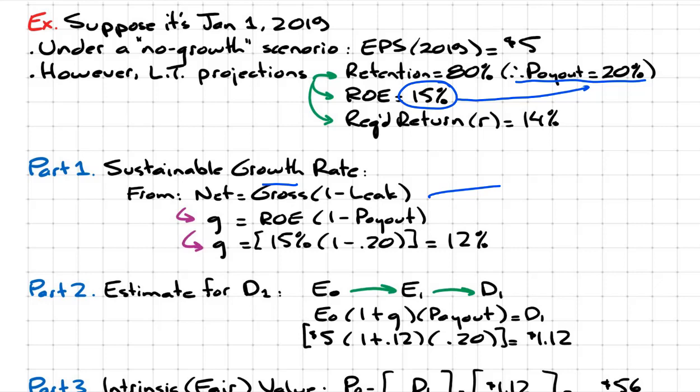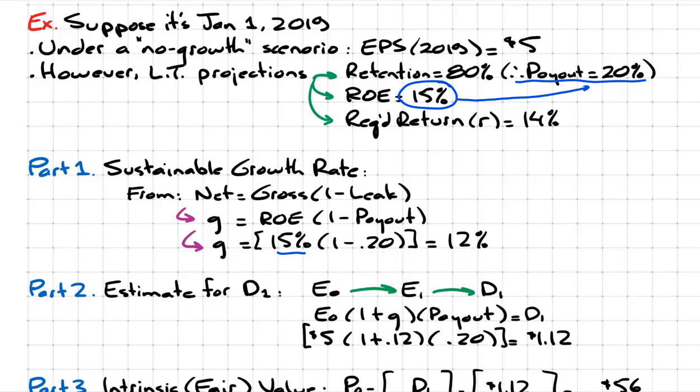So the total growth rate is represented by ROE, but then after we factor out the portion that's being paid out, whatever remains contributes to that internal growth or sustainable growth. So let's plug in the numbers. ROE is 15%, but 20% of that is being leaked out. So only 80% of that 15% is being reinvested, and that works out to 12% growth internally.